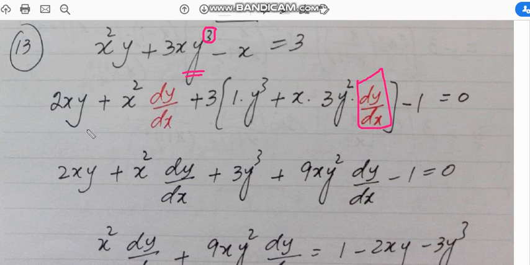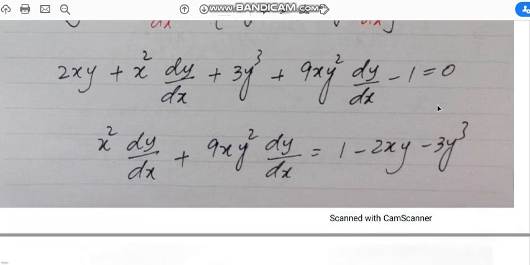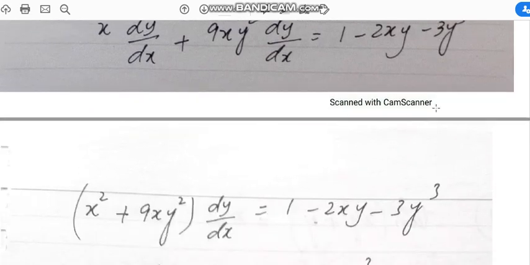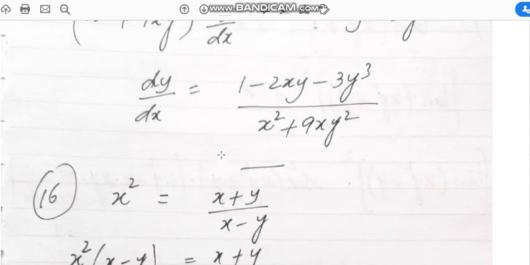Then the multiplication with 3, simplification, and separating the terms involving dy by dx. Here I have separated the terms, then taking dy by dx common, and then dividing right hand side by this factor, and this is derivative of this implicit function.